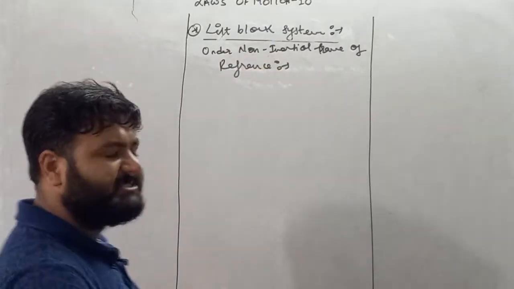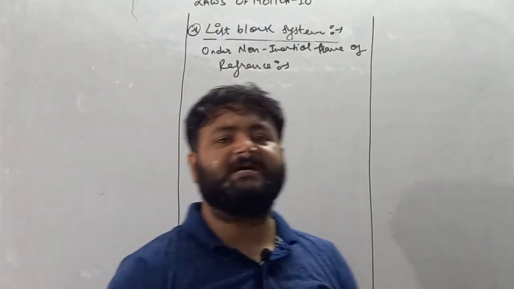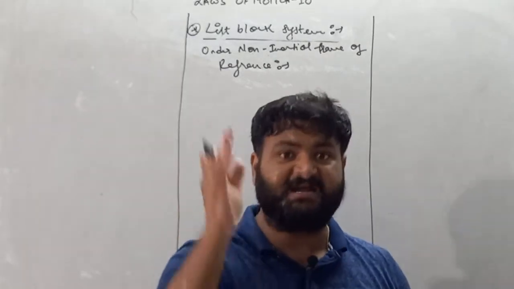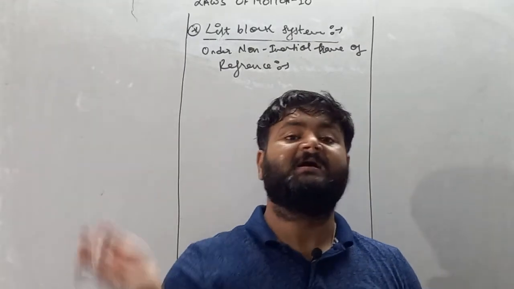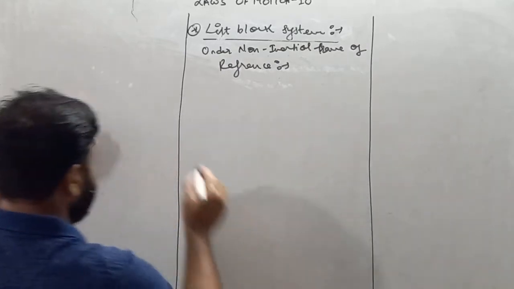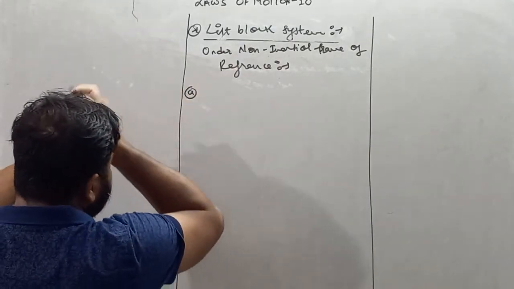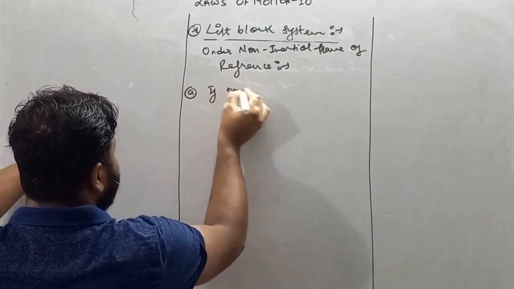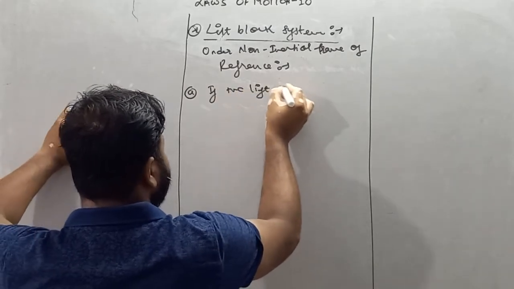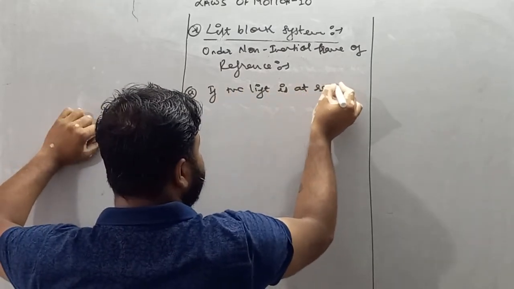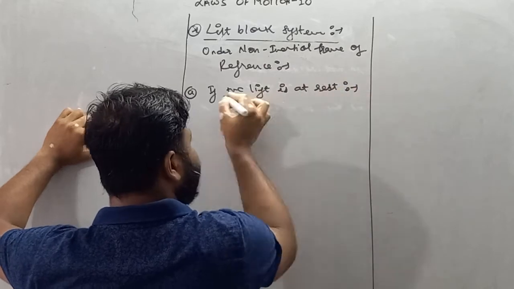Non-inertial frame of reference means now the observer is accelerating. Just try to understand, my dear student, how I am solving this concept. So case first is if the lift is at rest.